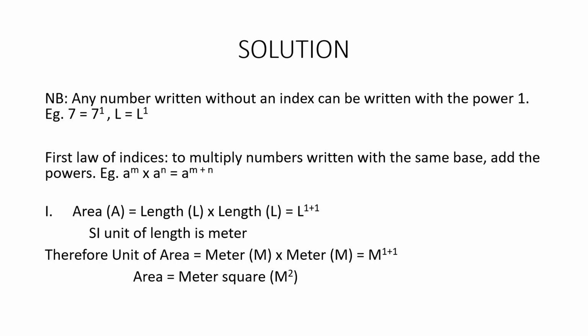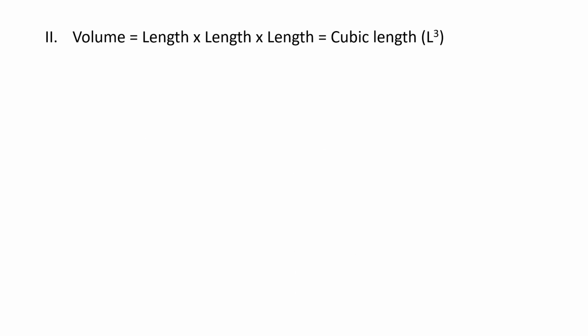Solution number 2, volume. What is the formula for finding volume? Good. Volume has the formula length times length times length, or length times height times breadth, or length times height times width.